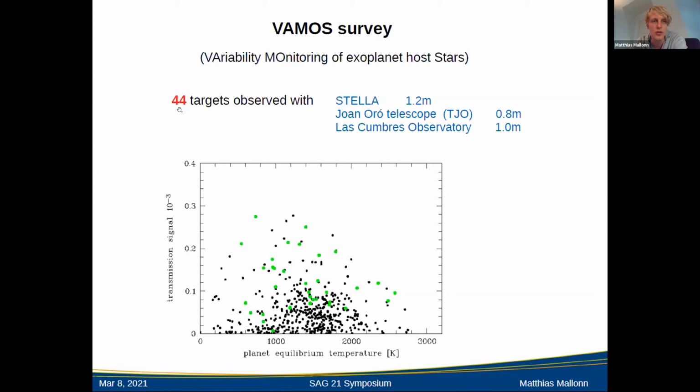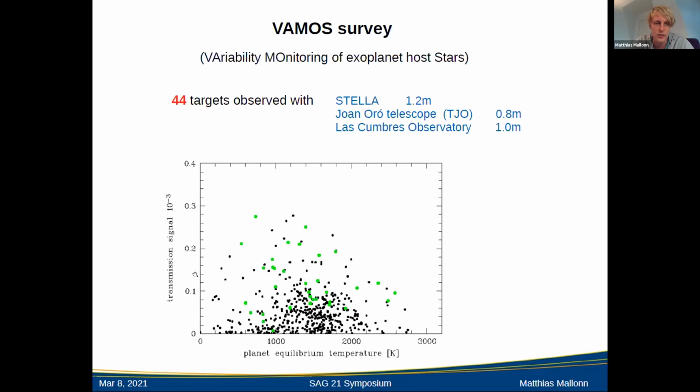In total, we observed over the last years 44 targets with 3 robotic systems, all 1 meter class telescopes. And here you see the targets in green, and in black all the planets known so far from the TEPCat catalog.